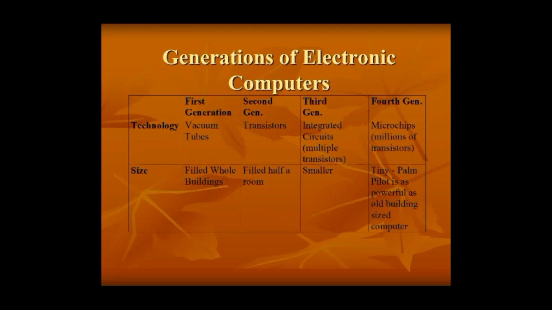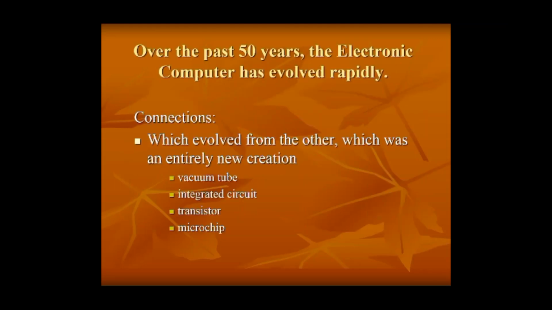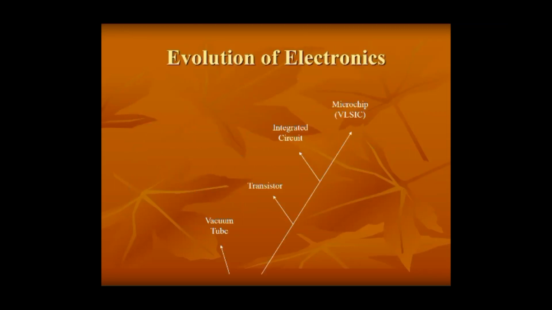For example, your handheld devices, your smart device, your netbook or your laptop and so on. Over the past 50 years, the electronic computer has evolved rapidly. In the evolution of electronics, we started with the vacuum tube, followed by the transistor, followed by the IC, and followed by the VLSIC or the microchip.